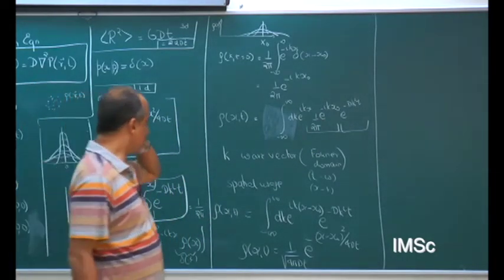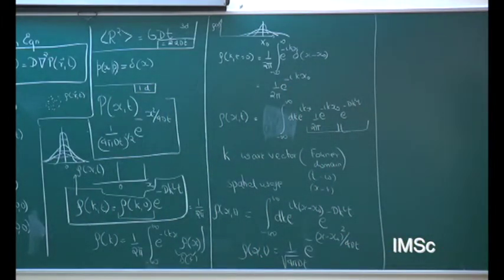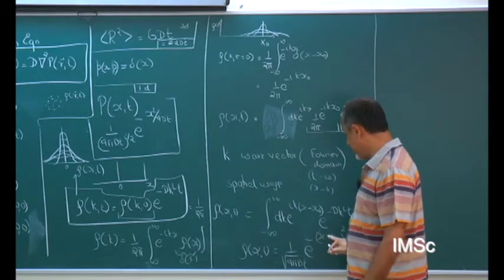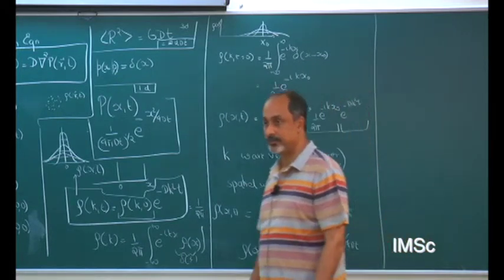Okay? So it was shifted in the spatial domain. It is now shifted only in the spatial domain. The time part remains the same. So instead of broadening about x equal to 0, it now broadens about x equal to x naught.